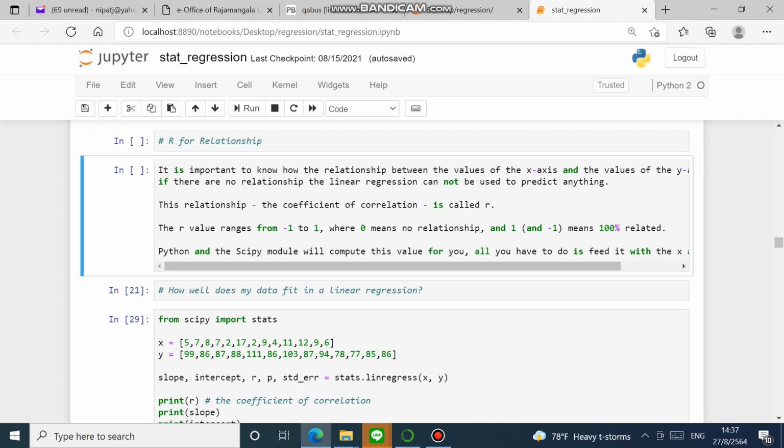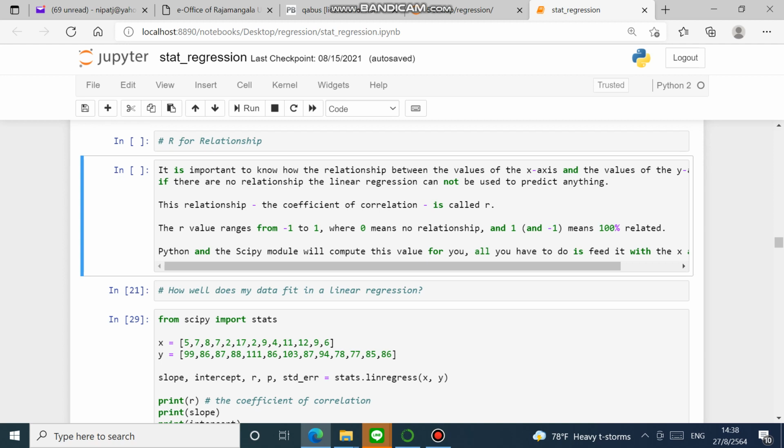This is why we need to identify the R value. If we know the value of R, we can make a decision: we use linear regression to solve the problem, or we use some other technique.